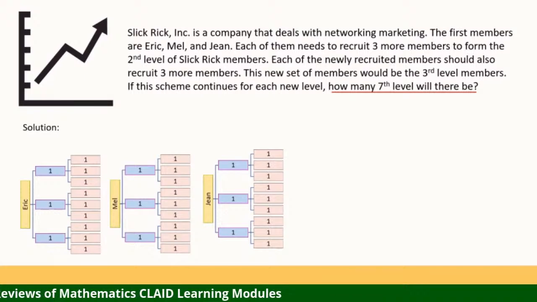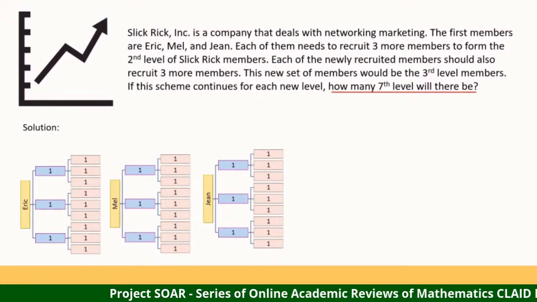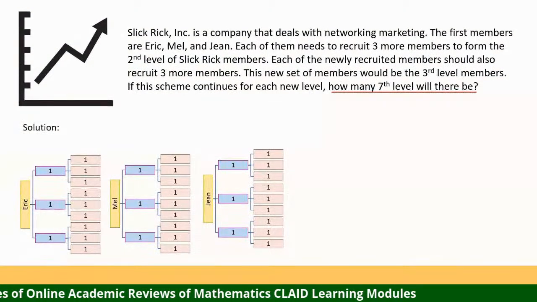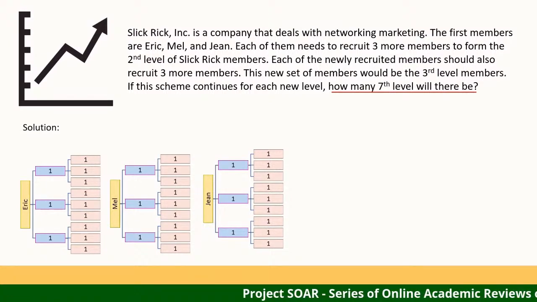Okay, so si Eric, si Mel, at si Jean ay kailangan mag-recruit ng 3 member. So, si Eric may nakuhang 3 members sa second level. Si Mel may nakuha ring 3. And then si Jean ay may nakuha ring 3. Sila ay tinatawag na second level.